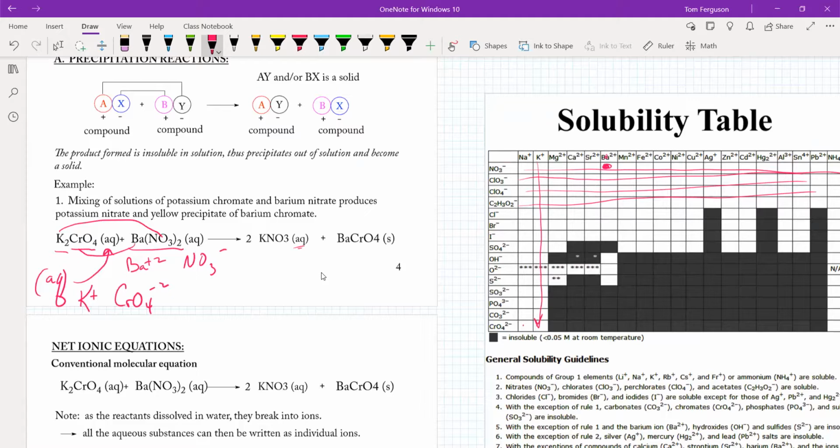Barium chromate is down here. Black, that means it's a solid, or ppt. So we take a beaker of potassium chromate and barium nitrate, we dump them together.